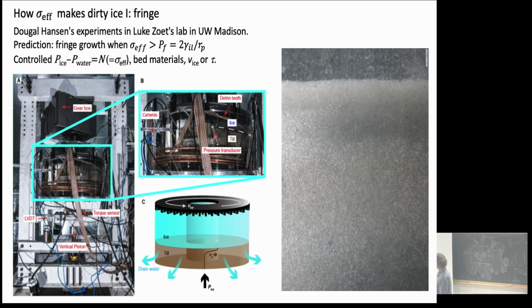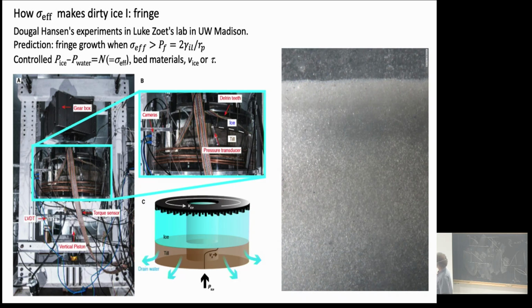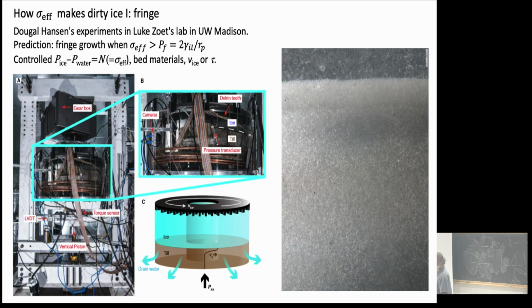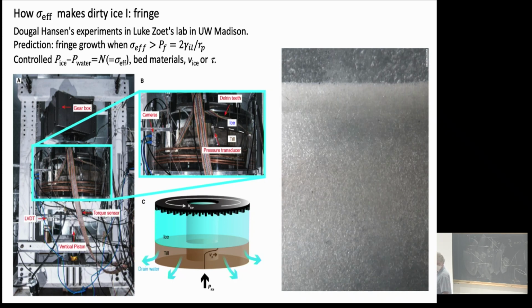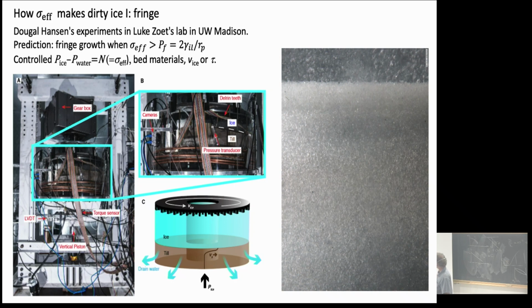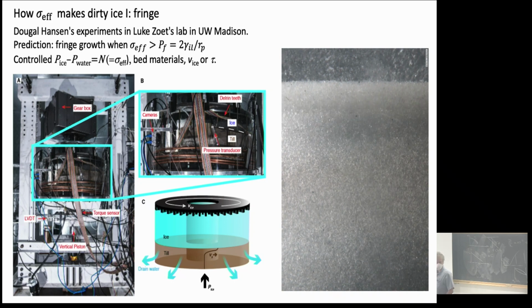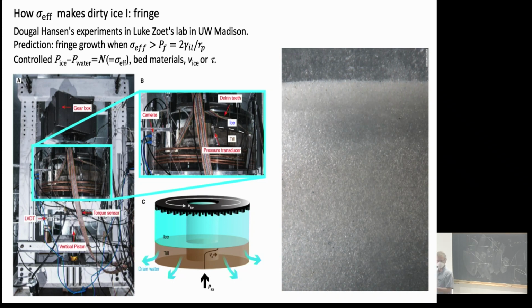This here is ice that has infiltrated into the glass beads and picked it up, and the glass beads here and there are not moving relative to each other. They're essentially moving at the same speed as the ice.